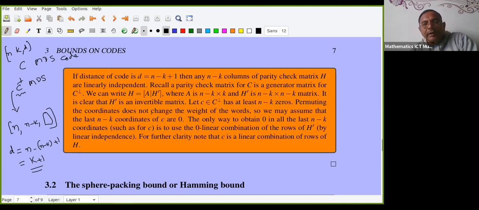Permuting the coordinates does not change the weight of the word, so we may assume that the last n minus k coordinates of c are 0. The only way to obtain 0 in the last n minus k coordinates is a zero linear combination of the rows of H dash, by the linear independence of H dash. So that means that we cannot.